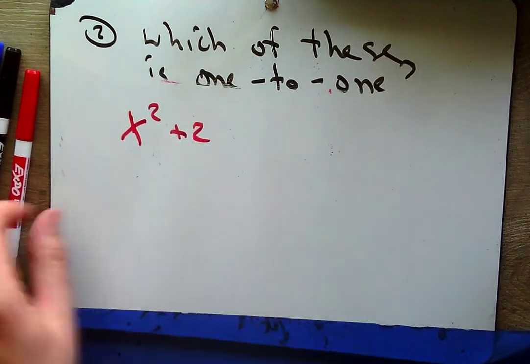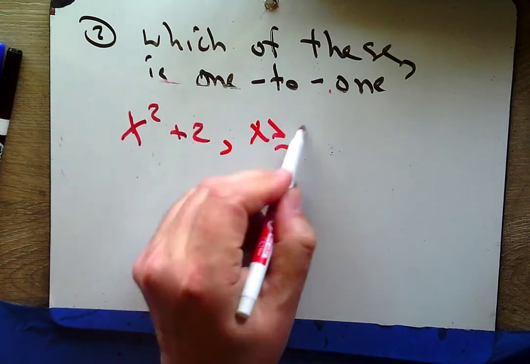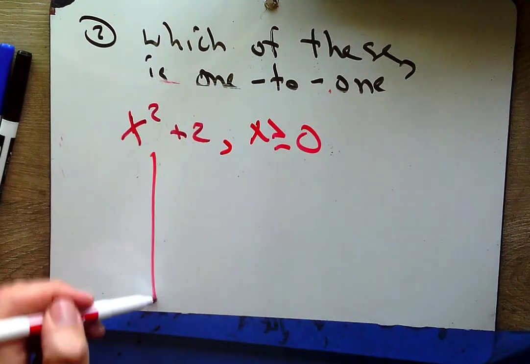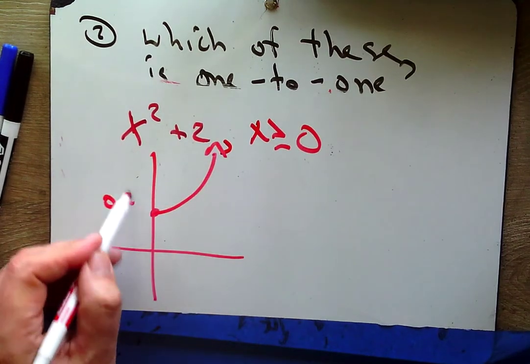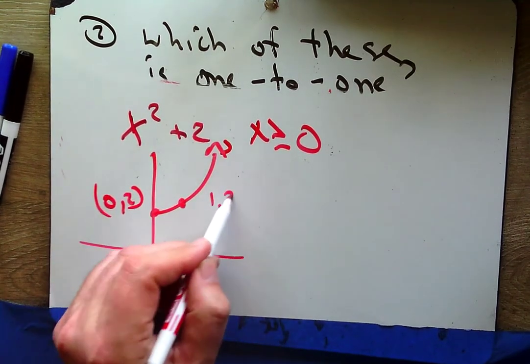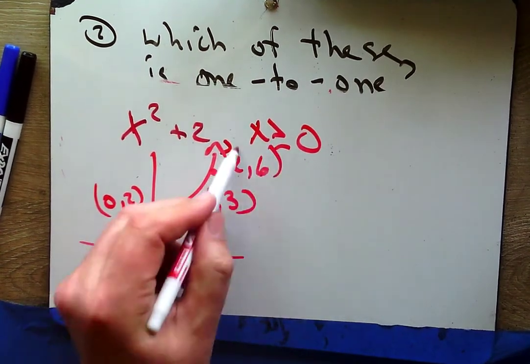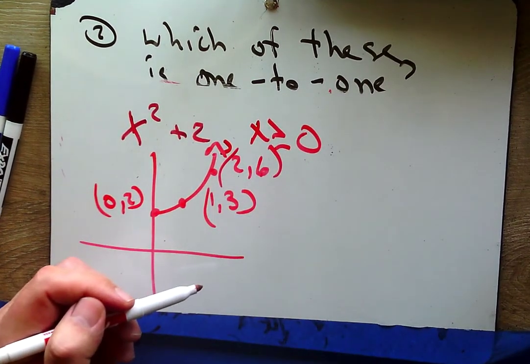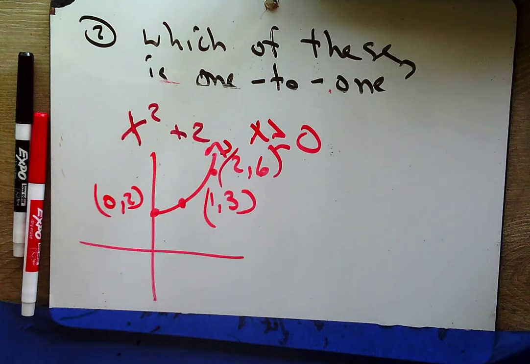If I restrict the domain here and say, okay, for x greater than or equal to 0. Well, sure, now I'm only looking at this part of the graph: 0, 2, 1, 3, 2, 6. And so what points must exist on the inverse function? This part passes the horizontal line test.